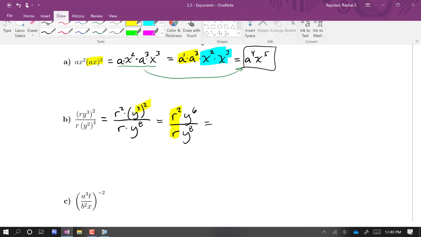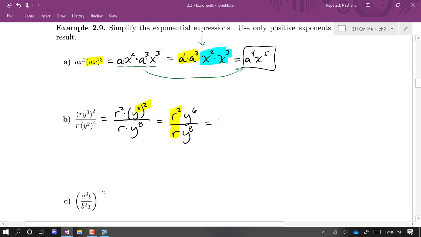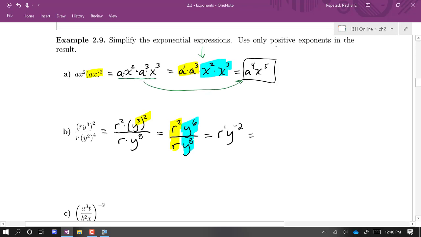I've got r squared over r to the first, and that's r to the first if I subtract the exponents. Y to the 6th over y to the 8th is, let's see, subtracting those exponents gives me y to the negative 2. And so simplifying this, usually the instructions will say, as they do here, use positive exponents in the result. So I'm going to write this as r over y squared.